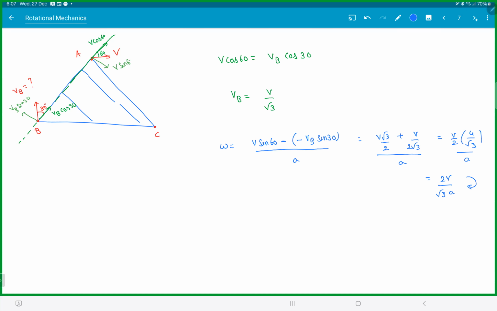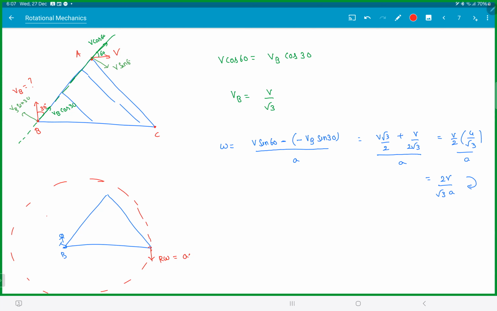How to find C? I think B is the best point again. If you stand on B, B will think C is going in a circle like this with R omega.